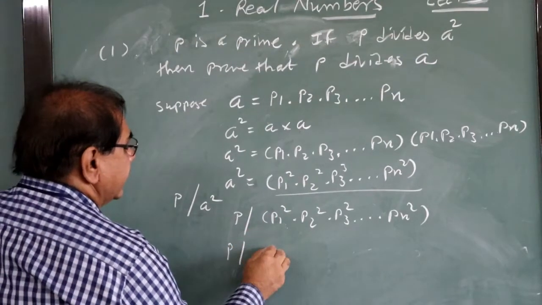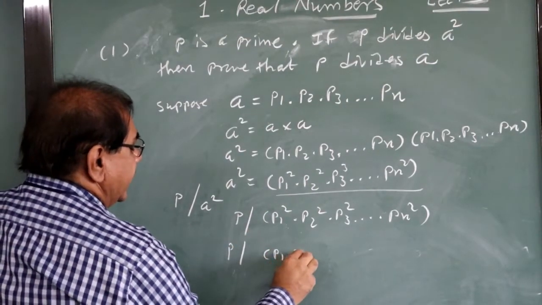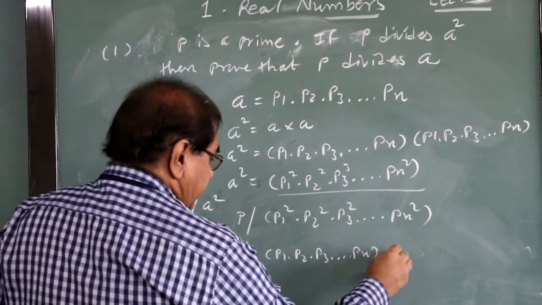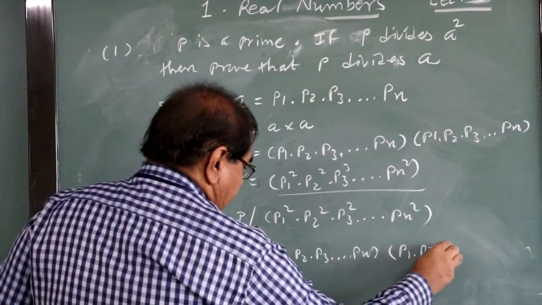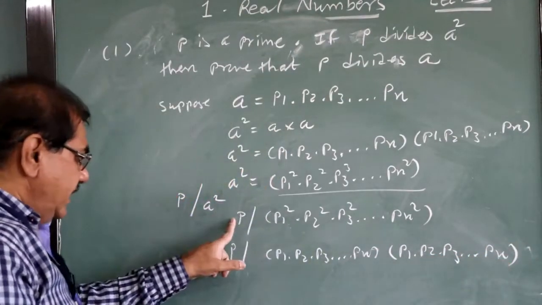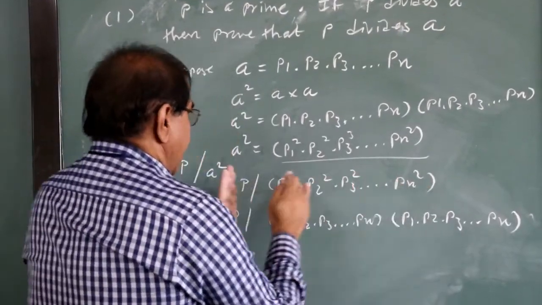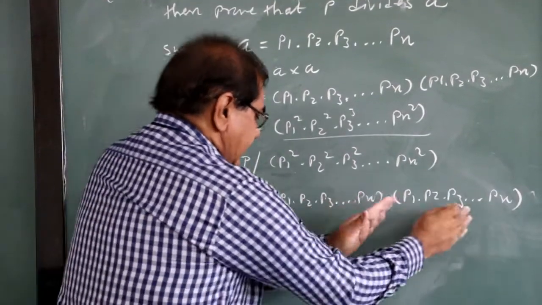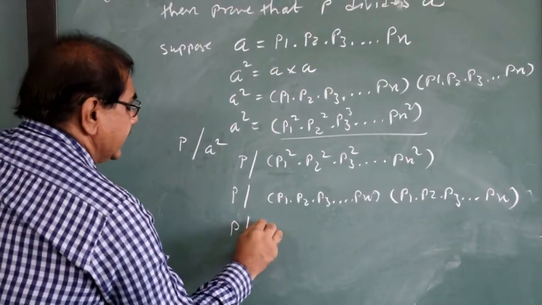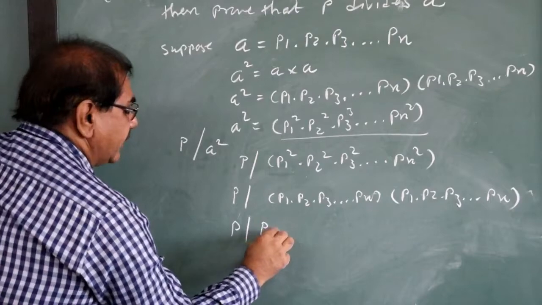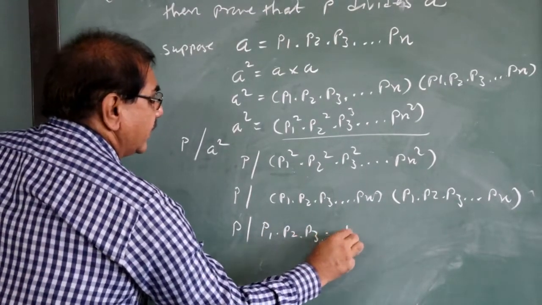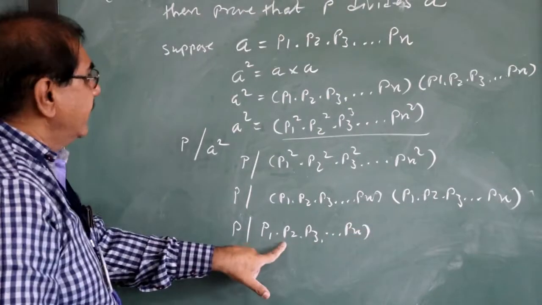So P is one of the factors of this, and this is what? It is P1 into P2 into P3 up till Pn into P1 into P2 into P3 up till Pn. So P is a factor of this, that means P is a factor of this and this, but these both are the same number, so I can say P is a factor of P1 into P2 into P3 into dot dot dot Pn, and this is what?